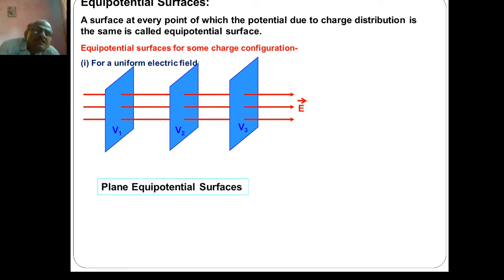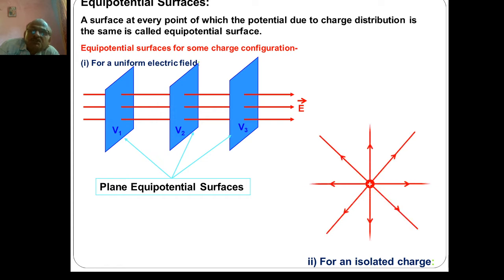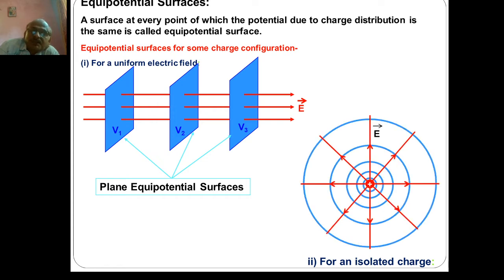These three surfaces are planes of equipotential surface. But remember, V1 is not equal to V2 is not equal to V3. Next, for an isolated charge, the equipotential surface is spherical.